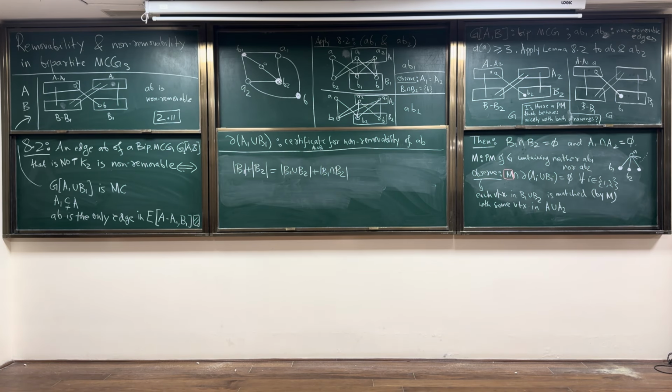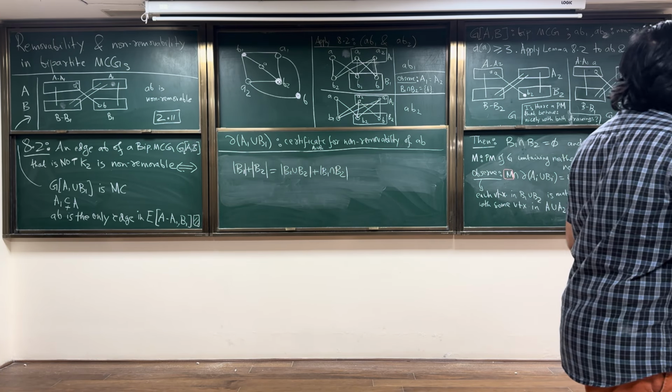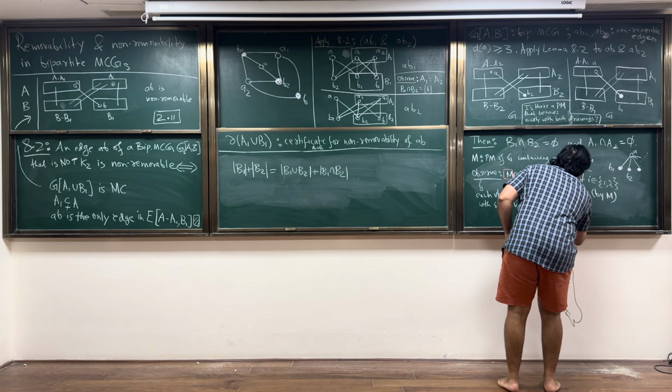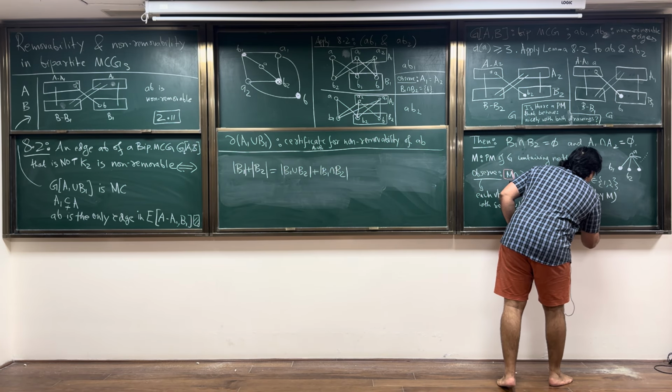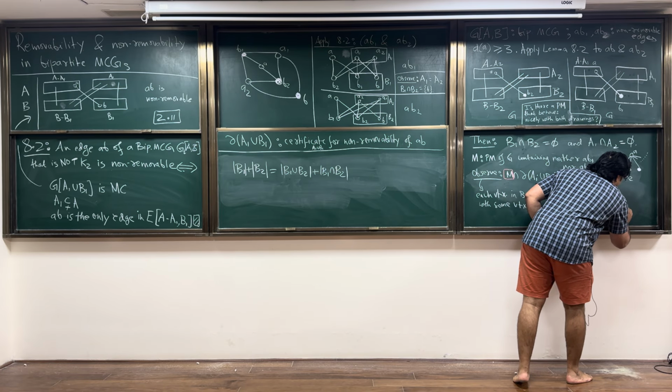What does this tell you about the cardinality of the two sets? Equal? Or something weaker? Each vertex in B1 union B2 is matched with some vertex in A1 union A2. A1 union A2 has at least as many vertices as B1 union B2. We can't say equality; we did not say the other way around. This implies that the cardinality of B1 union B2 is less than or equal to the cardinality of A1 union A2.